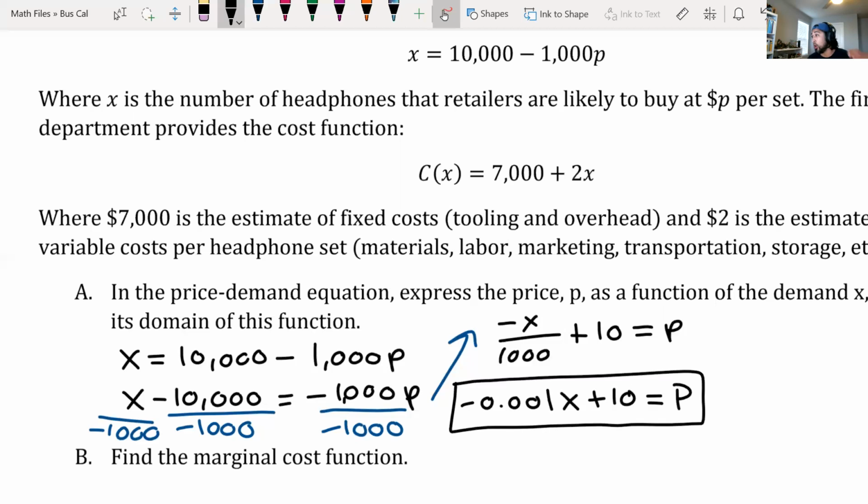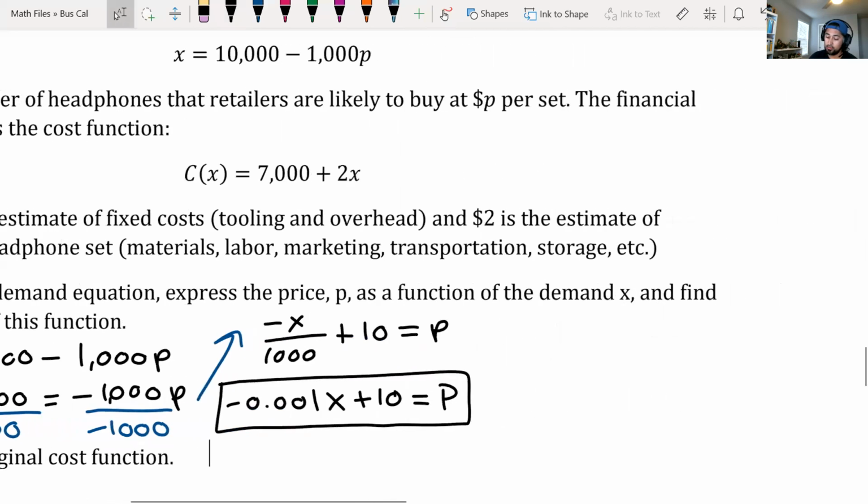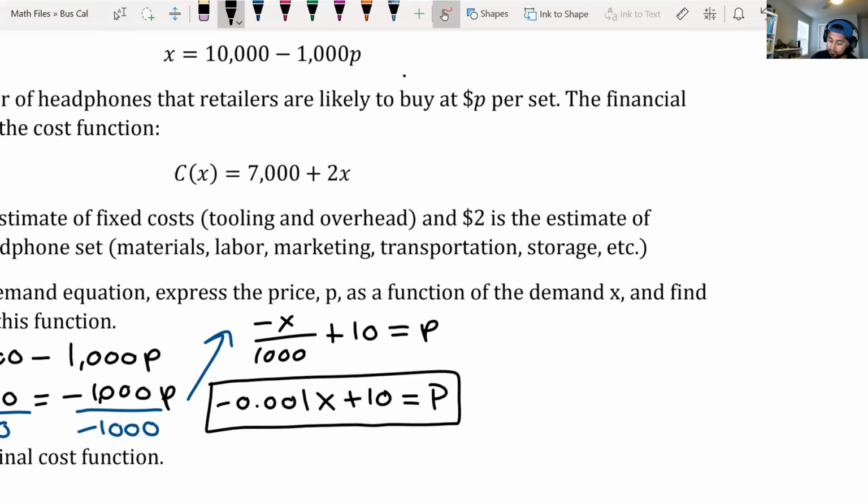And now we have our price in terms of x. Earlier up here, it was x in terms of price, but now we have price in terms of x, which means we are going to be able to find the domain, because now what we're going to do is take our new price equation.